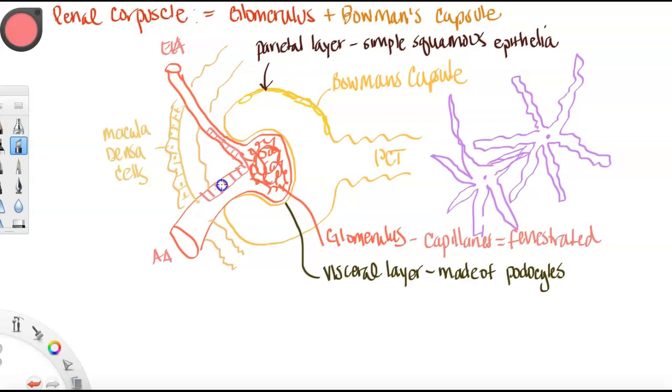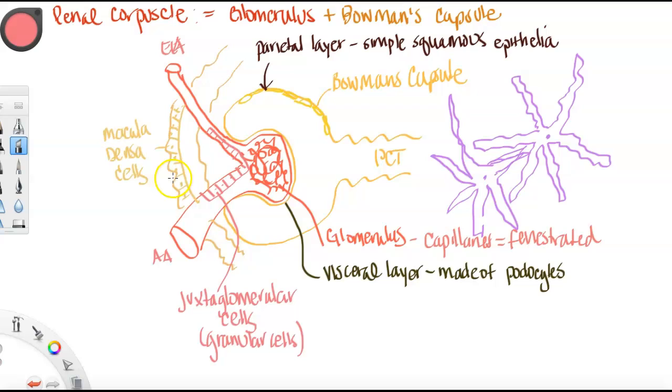And these cells are called juxtaglomerular cells. They are also called granular cells. So those are AKAs.